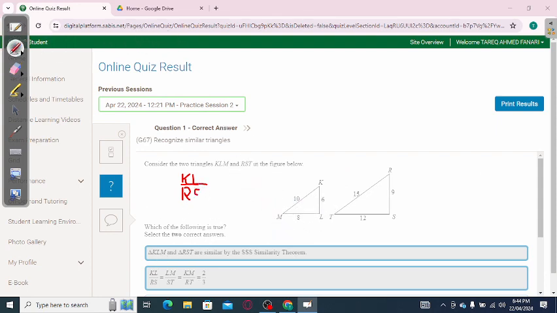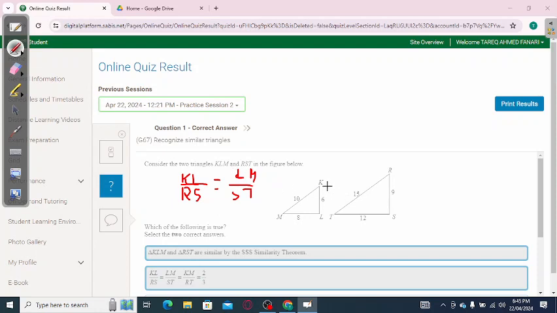Let me explain why. KL over RS. Now, you don't need to try all of them. You can just try two, since if you try this one and this one, for example, the third one automatically has to be correct. It can't not be correct. Okay, so let's just take LM over ST. Okay, now let's substitute in the values.